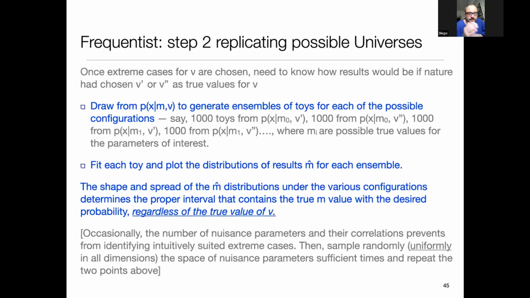Okay, so you have basically to replicate possible universes, each with a different value of the nuisance parameters, and repeat the measurement on those and make sure to take the most pessimistic case, the one that makes your inference least precise. And if your inference has coverage in the least precise case, then you will have a coverage for all possible values of the nuisance parameter.